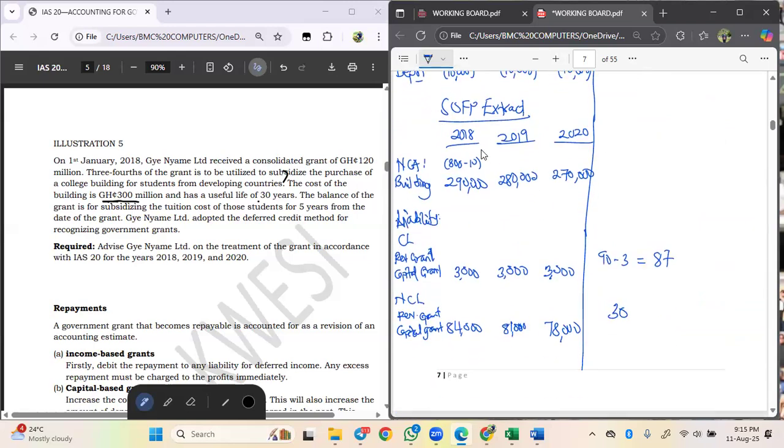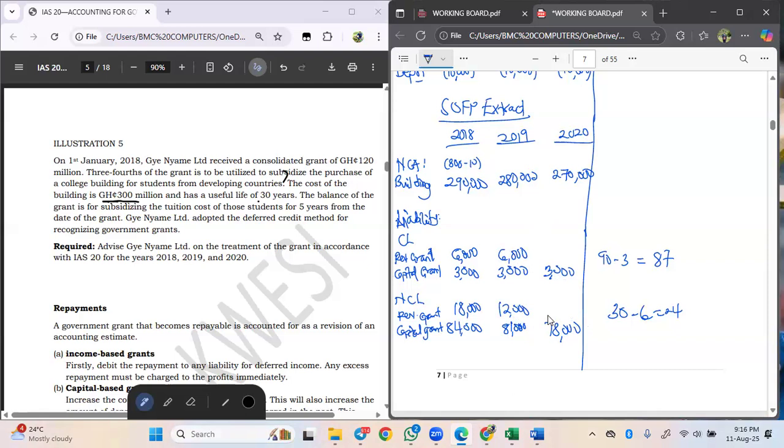So minus 6 will be 24. Out of the 24, you release 6,000 in 2019, so that one will come here. Then 18,000 will come here. When you go to year 2, it's 12, because 6 will be released in 2020, so that one will come here.